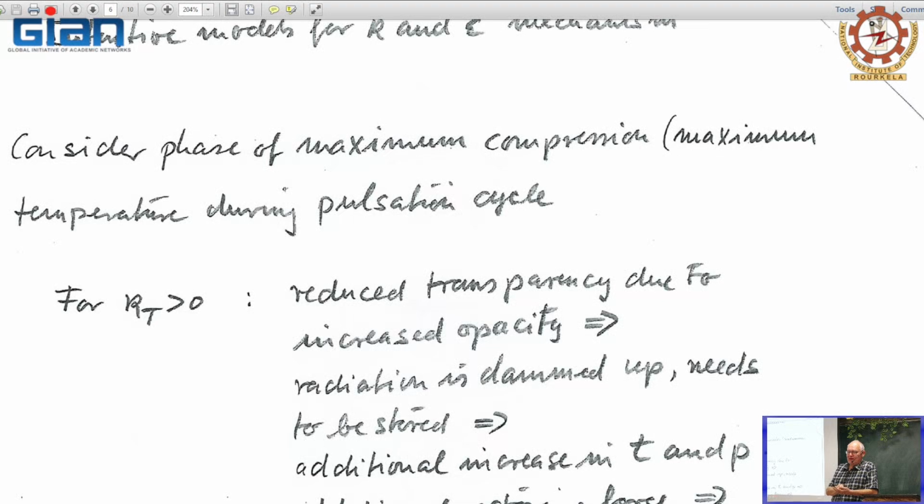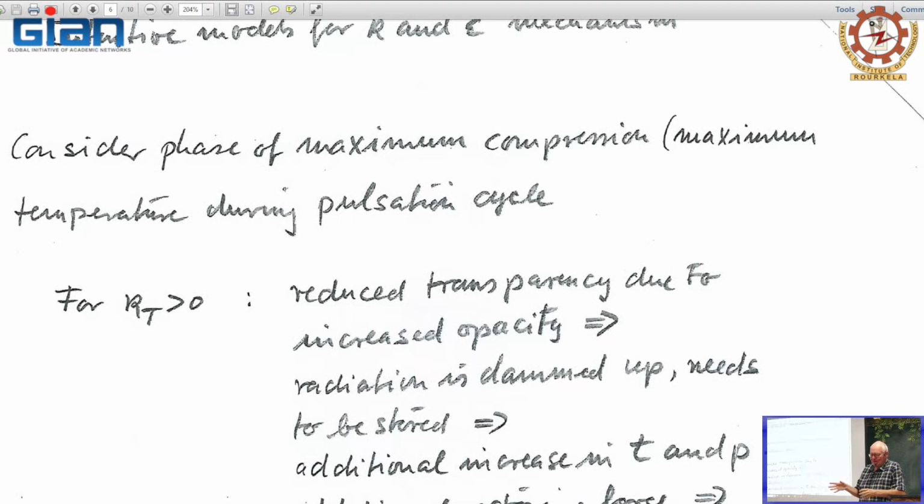An additional amount of energy will give you an additional increase of temperature in excess of the adiabatic temperature increase, and this additional temperature increase will then give you an additional pressure increase, which in addition to the adiabatic pressure restoring, will give you an additional restoring force from the additional pressure, which is caused by the ignition of fuel and so on.